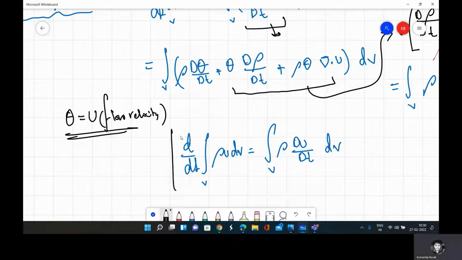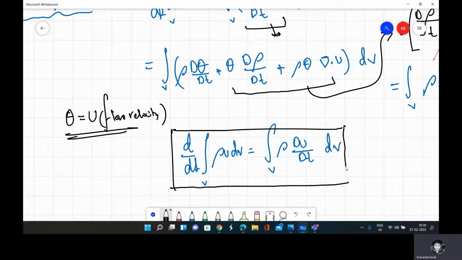This is an excellent simplification from that conservation principle. When we apply u, then what is rho u? Rho u is nothing but momentum, or momentum per unit volume, you can understand, but that is fine. If we integrate over the volume, we can get the momentum.